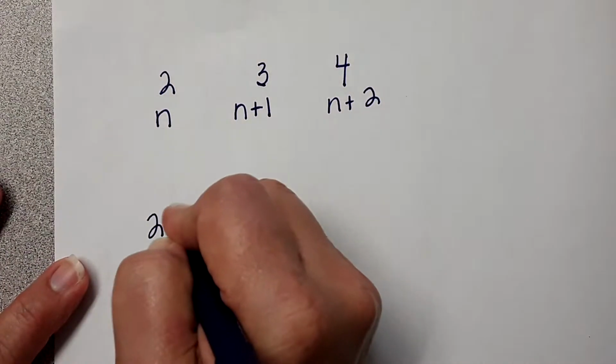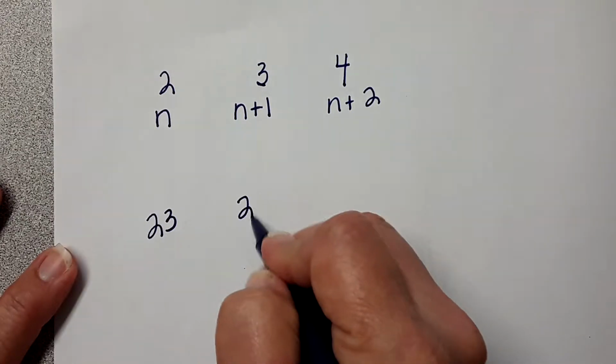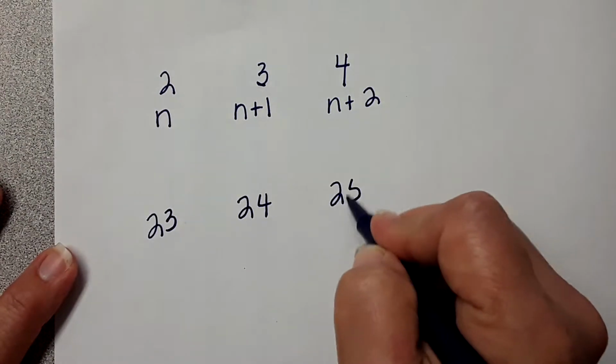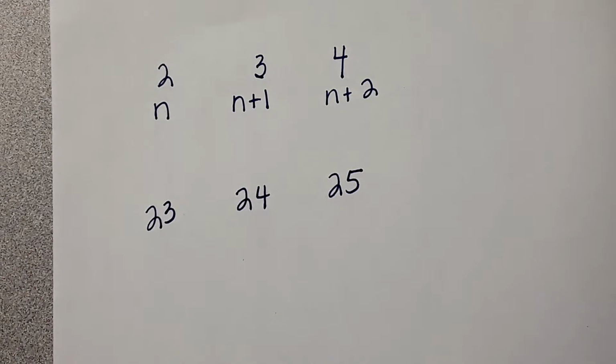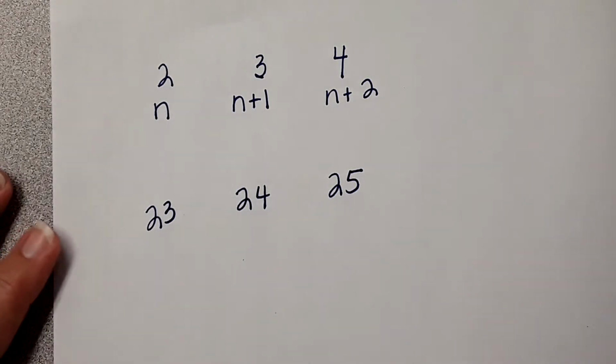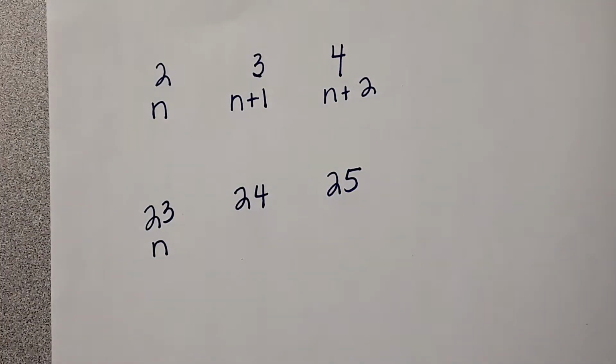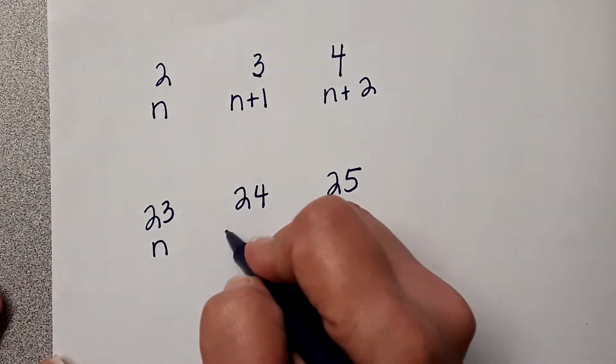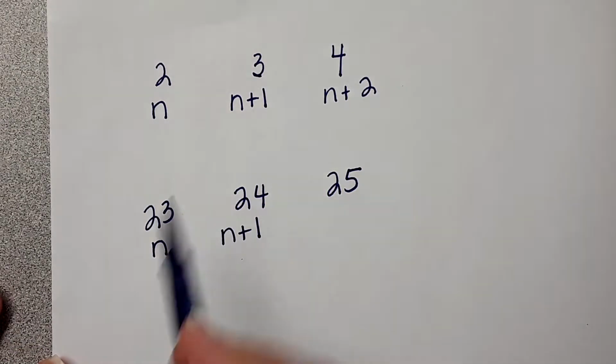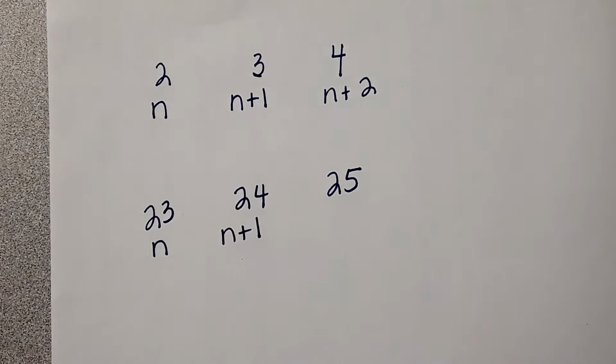23. Okay. 23, 24, 25. Those are consecutive integers. They go in order. So we're going to call 23 n again. What did I do to 23 to get 24? Plus 1. So I did n plus 1. So I'm always going to put that n plus 1.